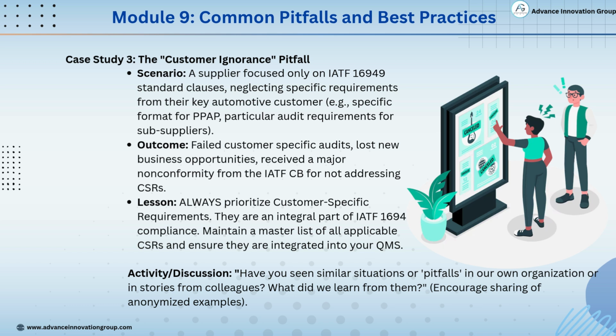Lesson: never ignore customer-specific requirements. They are a critical part of IATF 16949 compliance. Always maintain a master list of all CSRs and ensure they are fully integrated into your QMS processes.